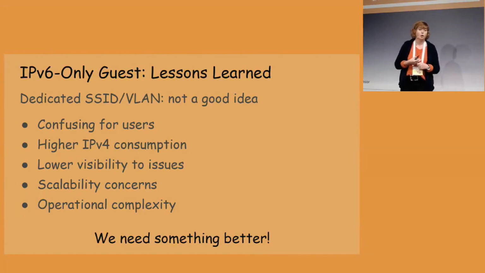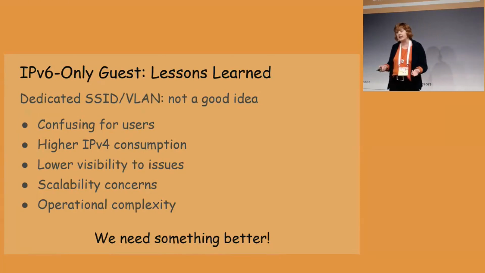For example, some phones, which work actually very well on v6-only, can still connect to dual stack. And they would consume my precious IPv4 addresses. It leads to high IPv4 consumption. And also, I do not have any visibility into problems. Why do people join the dual stack network? Is it just a random choice? Or is it because something does not work, something I might be able to fix. Nobody tells me anything, right?